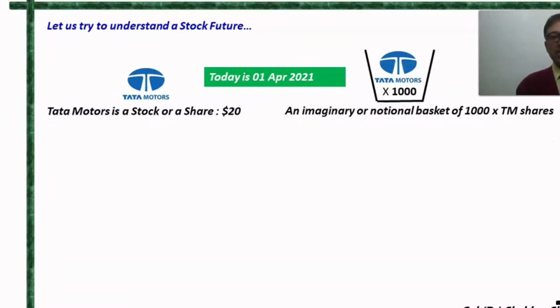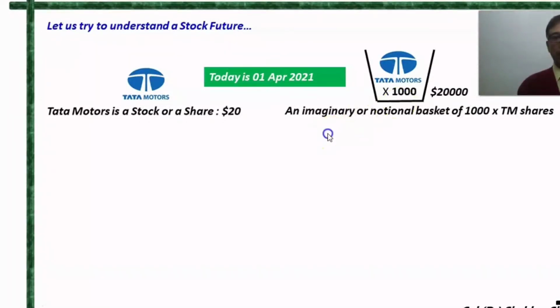And let us imagine a notional basket, an imaginary basket containing 1000 shares of Tata Motors. Just an imaginary basket, alright? It's not a real thing. So if the Tata Motors share is costing 20 rupees a share, then this basket of 1000 Tata Motors shares will be valued at 20,000 rupees.